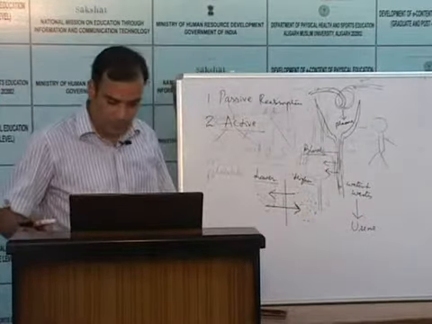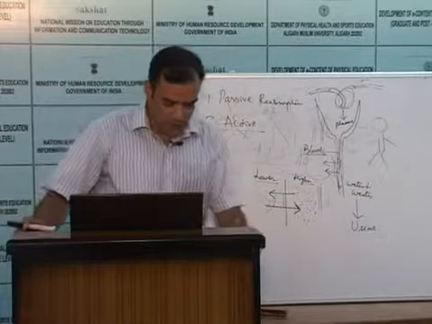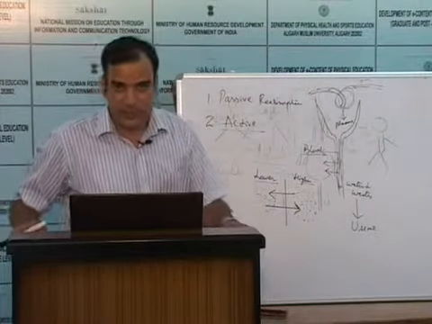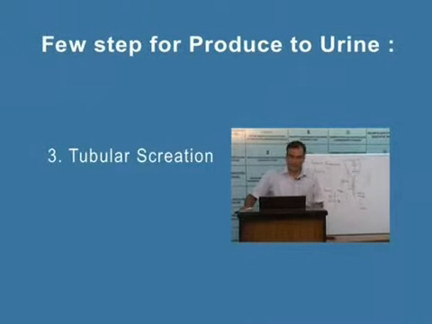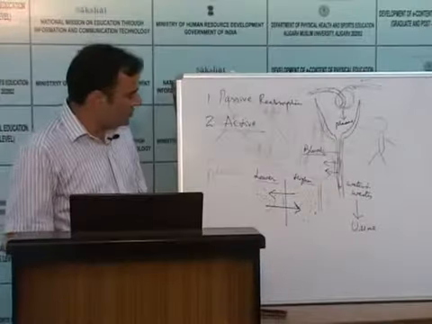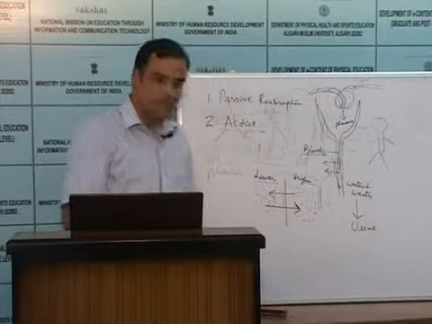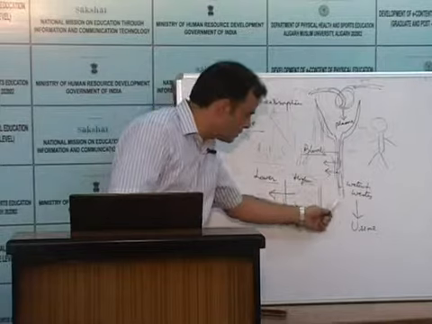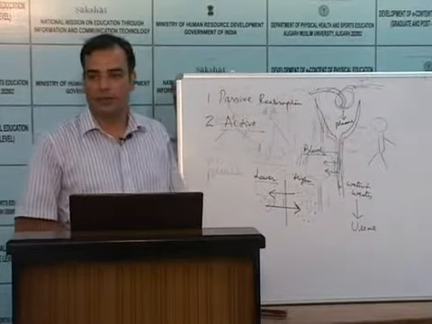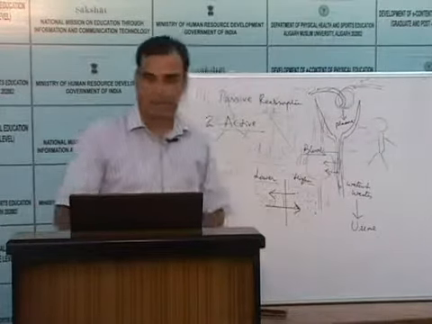Now, another process that takes place in the final formation of urine is called tubular secretion. Tubular secretion means that certain substances are directly secreted into this to-be-formed urine, into these tubules.